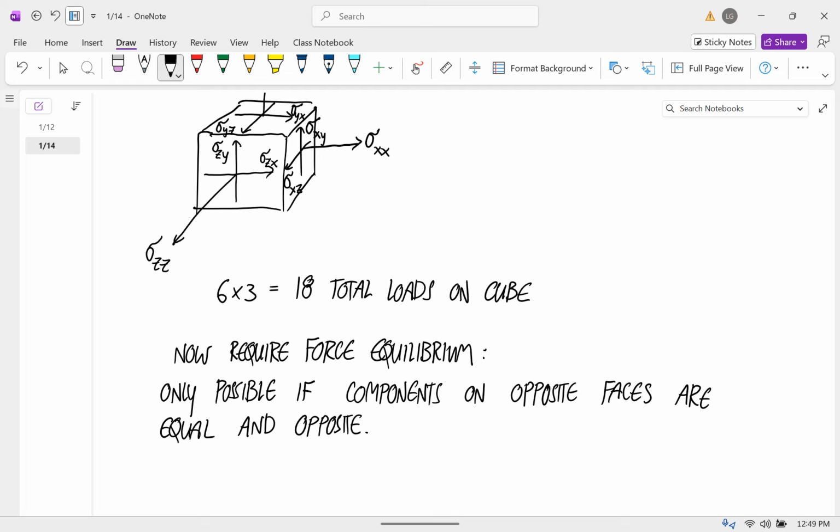And that's true of the other components too. So if this one is positive this way, then it would be positive going that way on the negative face. So all the negative faces are just mirror images of the positive faces, so we won't ever need to name or label them. Yeah, that's right. Exactly.